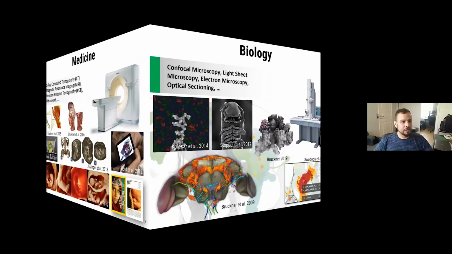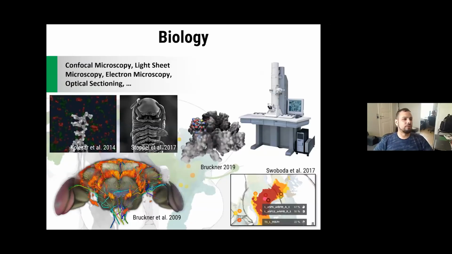In biology, there are also various kinds of microscopic modalities, confocal microscopy, light sheet microscopy, but also many different variants of optical sectioning approaches where you're taking a specimen and usually carving off, for instance, thin slices, and then imaging those slices optically with a very high resolution camera or a microscope for that matter.